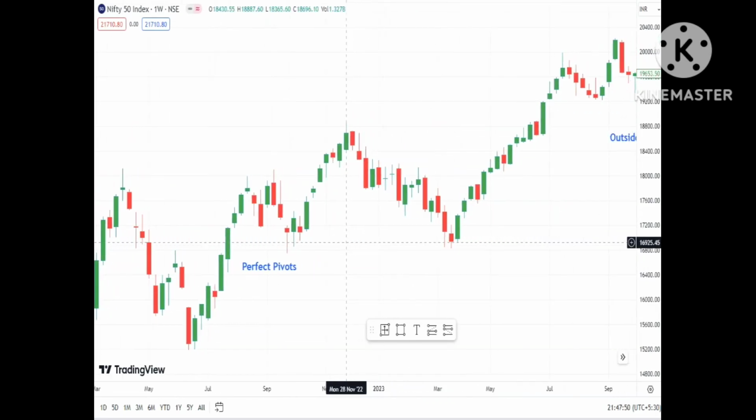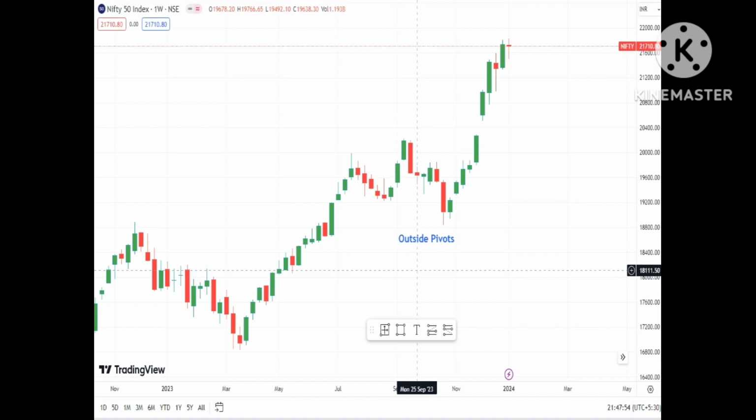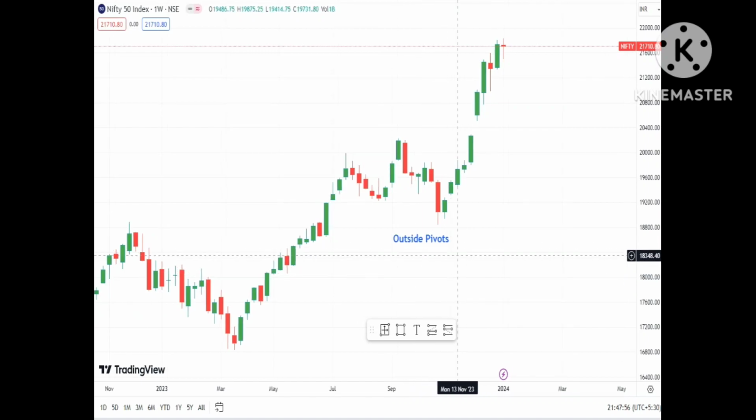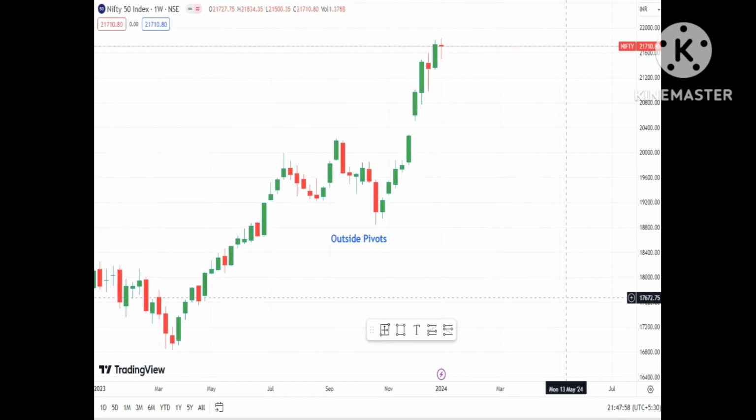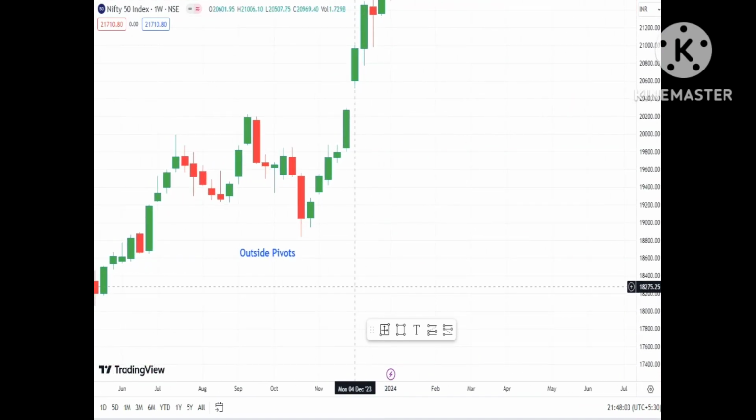Now we will see how an outside pivot is formed. See here, there is an outside pivot formed. In the case of an outside pivot, the low of the main middle candle is the lowest, but here an inside candle is formed.